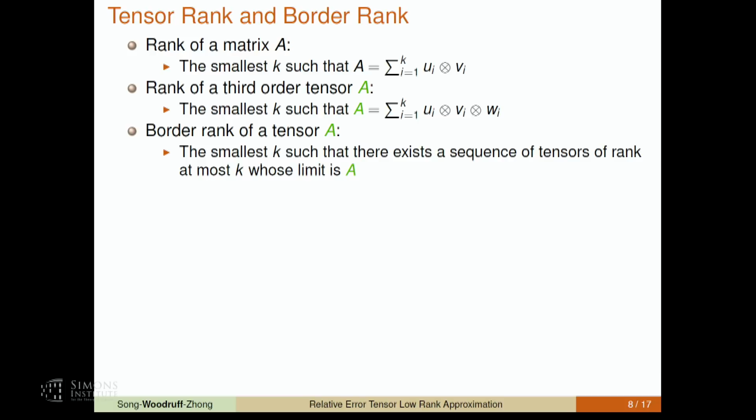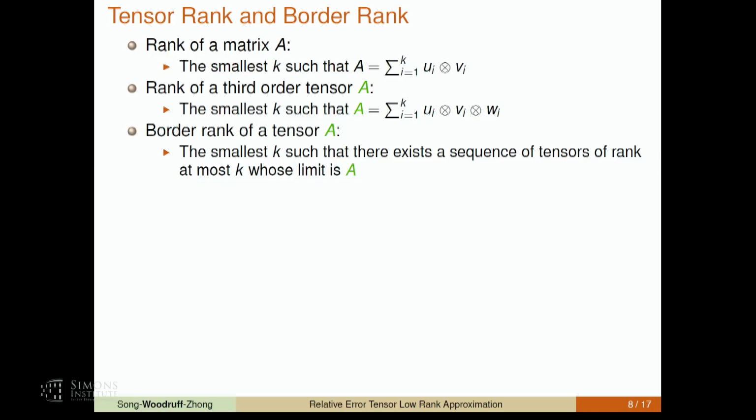The border rank of a tensor is the smallest integer k such that there exists a sequence of tensors of rank at most k whose limit is A. So I'm taking the smallest k so that there's some sequence of tensors which gets closer and closer to A.